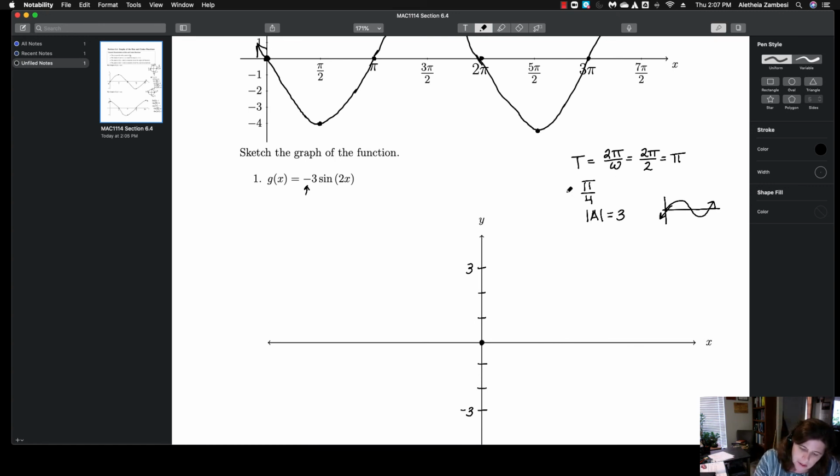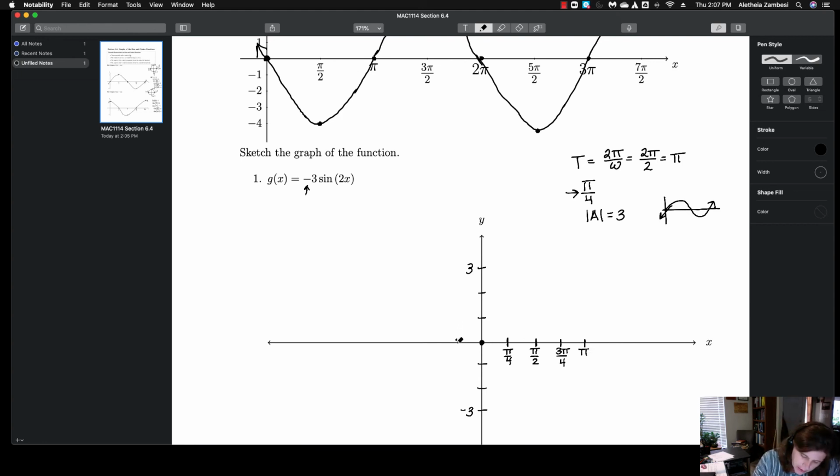Now I want to number in every pi over 4 units this time. So my first one, pi over 4. Then we have 2 pi over 4, which is pi over 2. Then 3 pi over 4. And then pi, 4 pi over 4. So that's one period of the function.